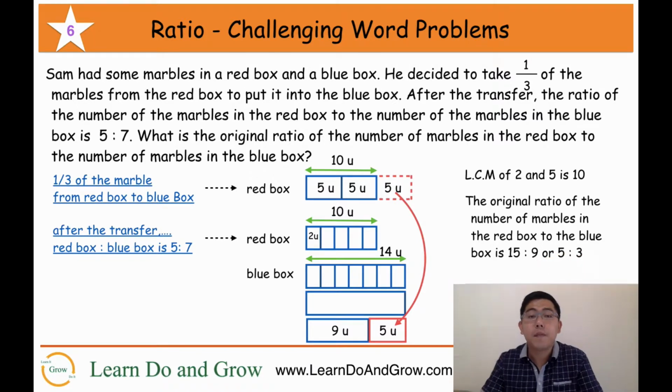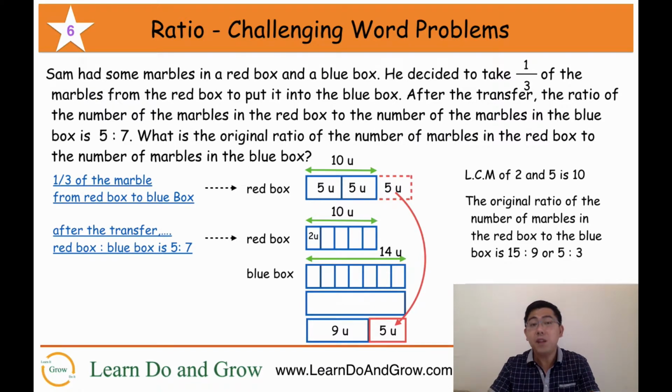Now you can see that a ratio topic can be so complicated that it is very hard to visualize it. But if you master the model drawing, it is very easy to visualize the problems and can find the hidden information. This is called hidden information. And especially if you are the parents and you want to help your children, I would suggest that you should draw the model first before starting on explaining the ratio to your children.